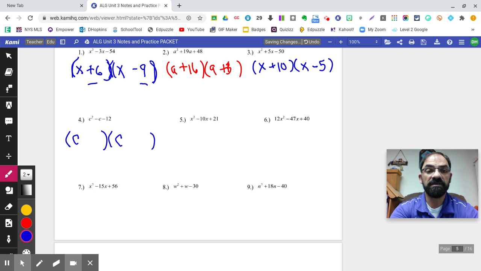Factors of 12 that add to get negative 1. So there's a negative 1 right here. We'll always use our calculator. Some of these are getting a little bit easy, I hope, for you.